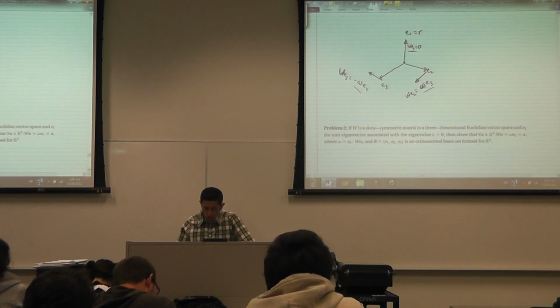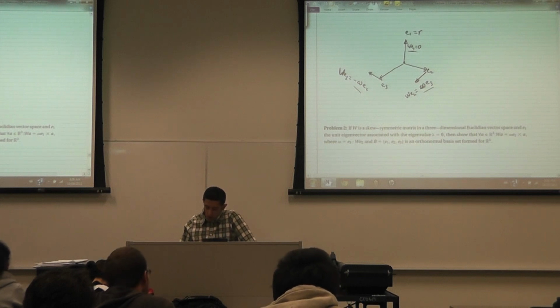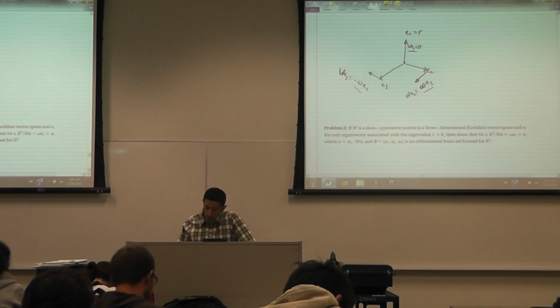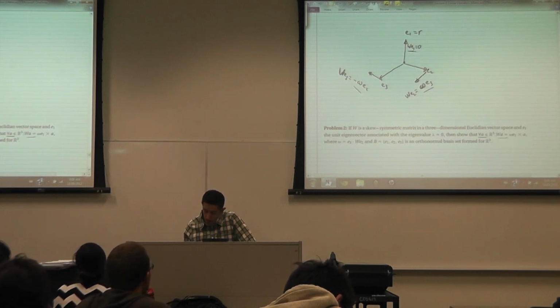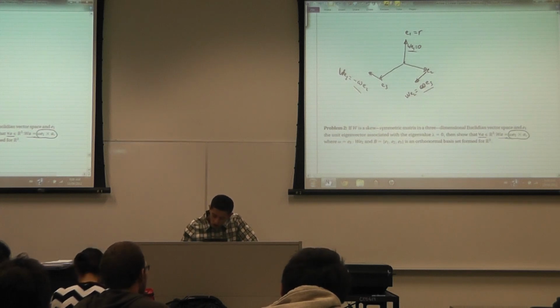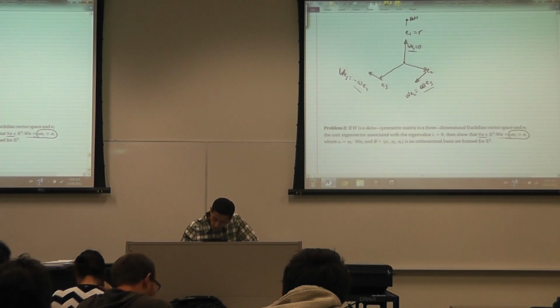So if W is a skew-symmetric matrix in a three-dimensional Euclidean vector space, and E1 is the unit eigenvector associated with the eigenvalue lambda equals 0, then show that for every A, WA is equal to this, which corresponds to saying this omega E1 is the axial vector.